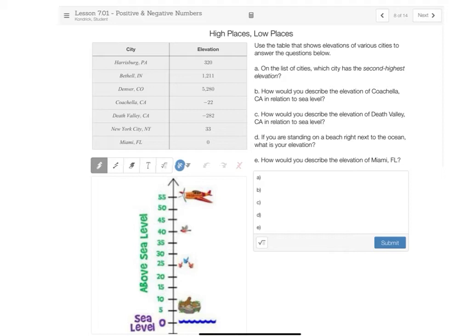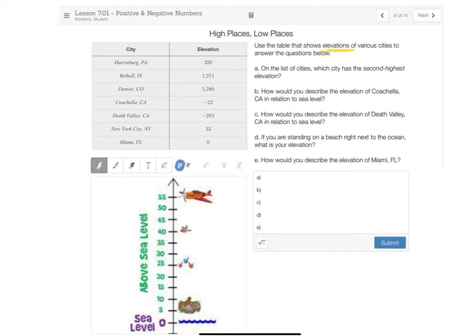All right, well, what about elevation instead of the temperature? How about in high and low places? What about something called elevation? Elevation is the distance an object or something is from something we call sea level.